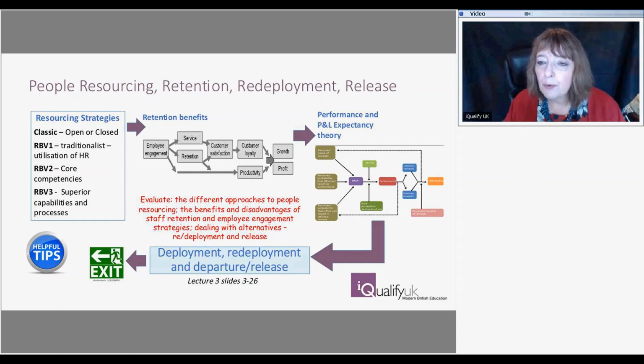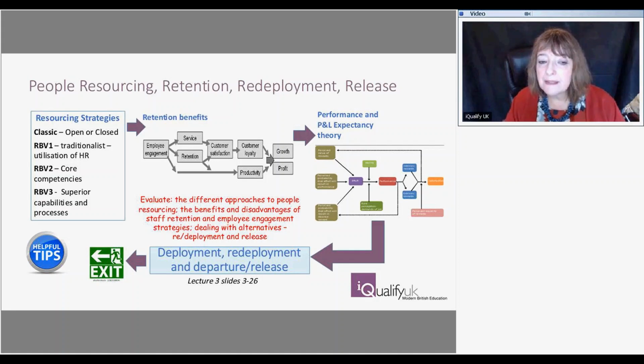P&L stands for Porter and Lawler expectancy theory, where the principles were that you expect to get rewarded, you have an expectation for that, and therefore you put in that extra bit of effort, admittedly helped by your abilities and your other general skills, and that in turn over time will turn into superior performance, which will reap its own reward effectively. So that's all about retention. Those two are about retention, really.